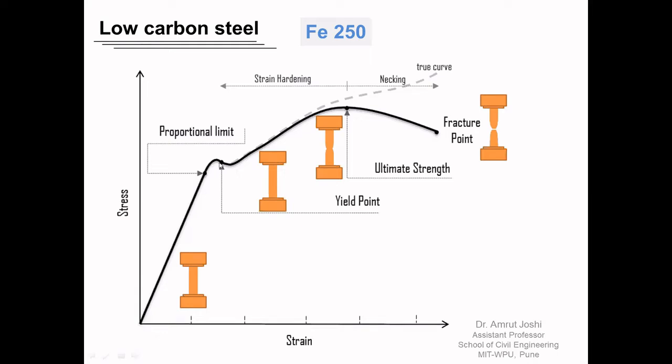So this is the region where the yielding commences. Then you have a plateau where the stress fairly remains constant with increasing strain. Then you have the strain hardening region and then the strain softening region. And ultimately the failure occurs by necking. So these are typical characteristics of the stress strain curve of low carbon steel.